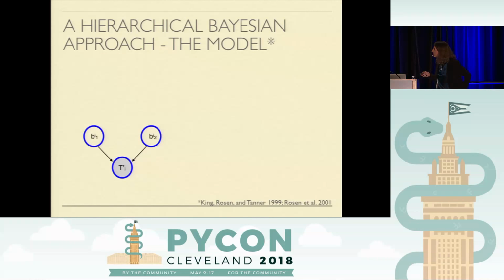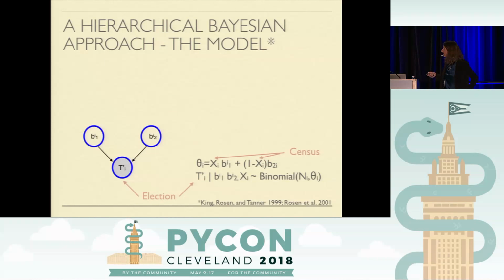All right, so here we go. At the bottom, we've got our election data. That's that shaded circle there. So proportion, or actually we'll switch to number of voters who voted for a particular party.